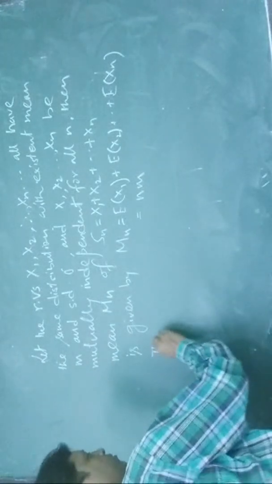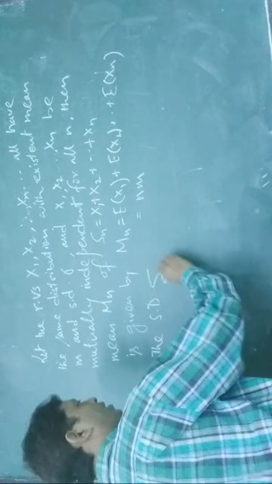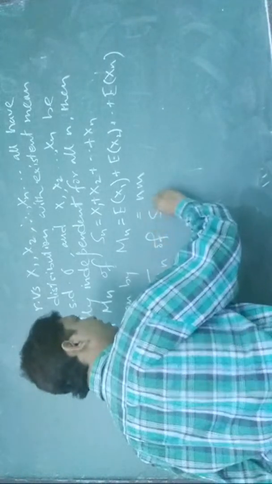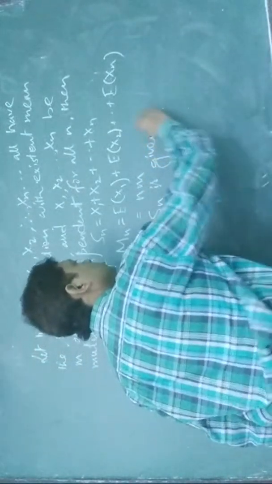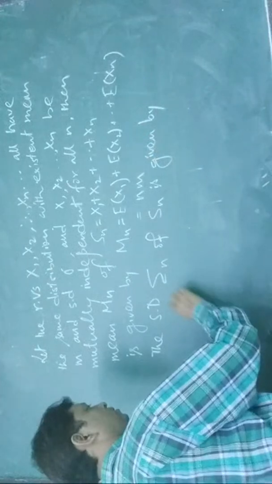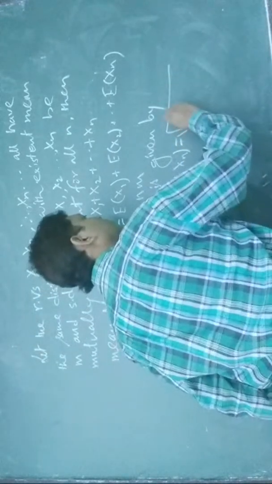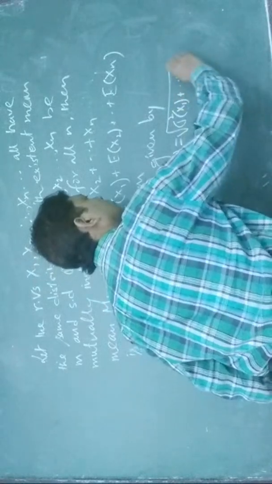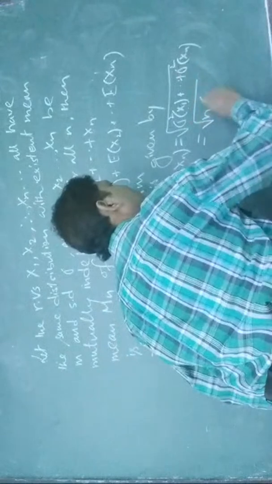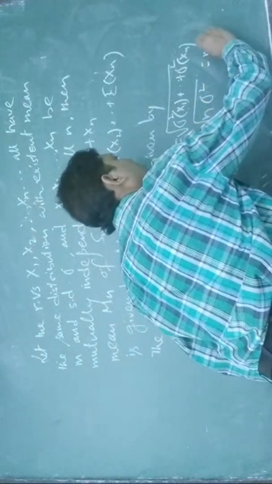Standard deviation sigma n of Sn is given by sigma n equal to root n sigma.